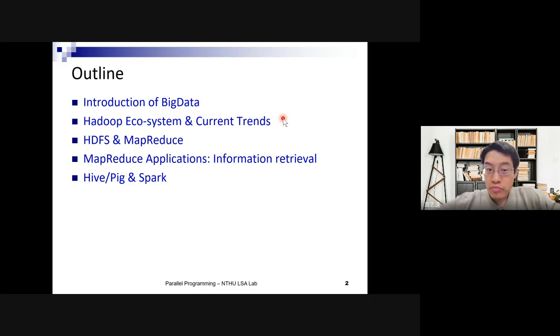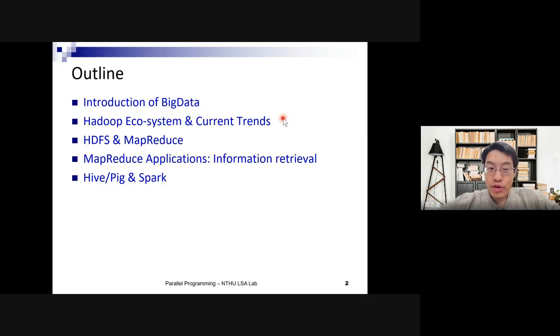Although maybe not many people are using Hadoop today, the design concept of Hadoop can be seen in many distributed systems, especially data processing systems in the more modern frameworks or distributed computing systems.